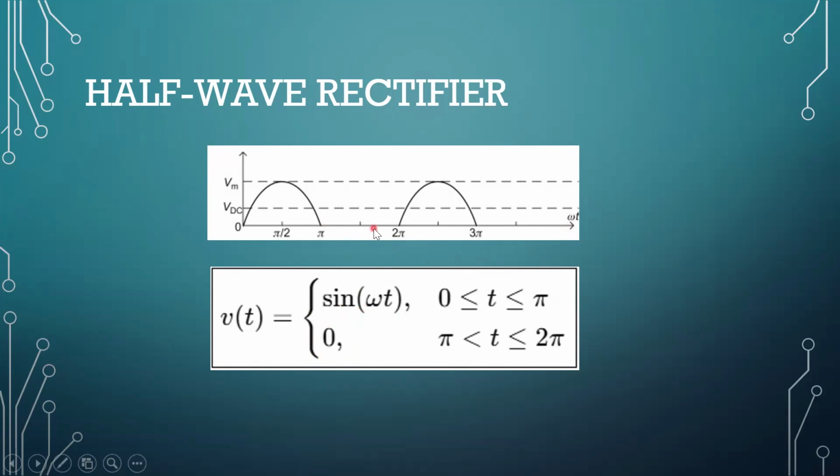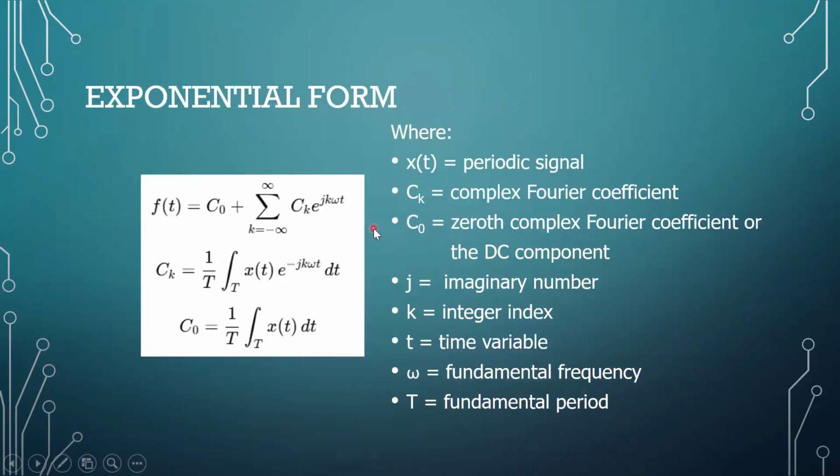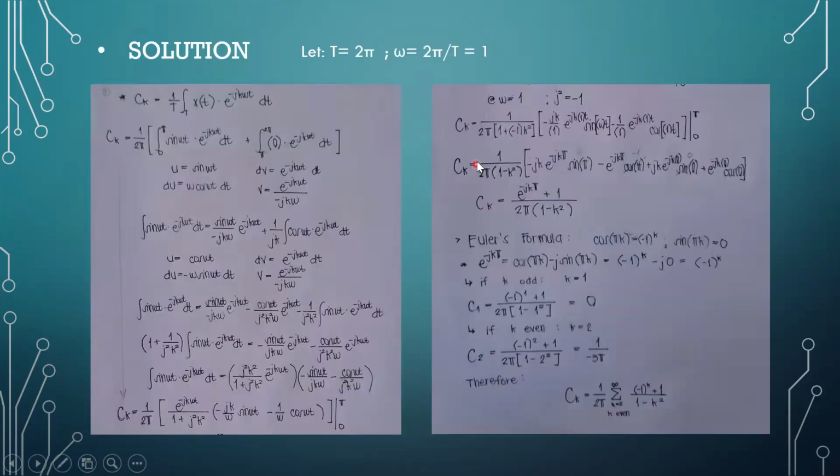So let's start computing. First, the exponential form. This is our formula. So these are the terms on which we switch the variable. First, let's solve for C sub k.